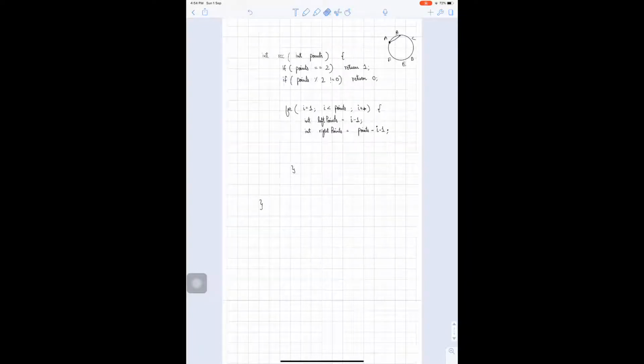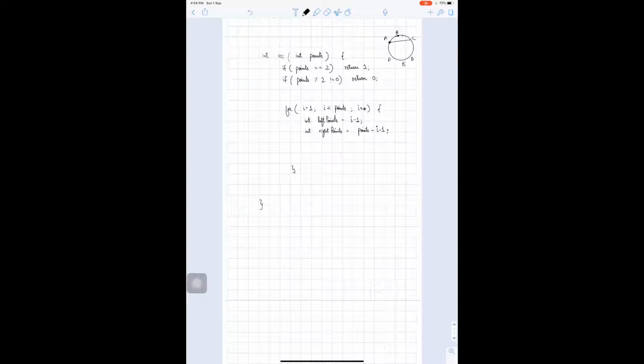Let's see. If we are drawing from A to C, how many are there on left? 1. So I is 2, 2 minus 1 is 1. So left points is 1, and right there are 3. So 6 minus 2 minus 1, 6 minus 3, that is 3. So this is correct.